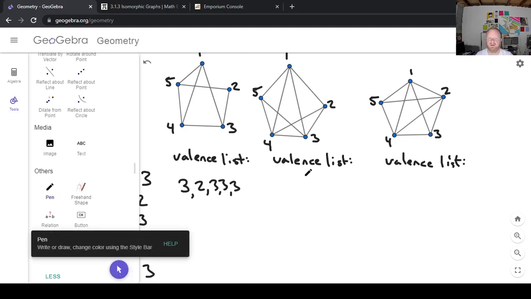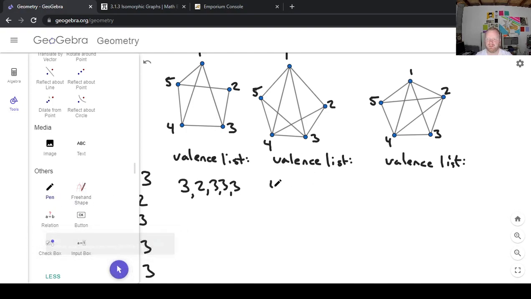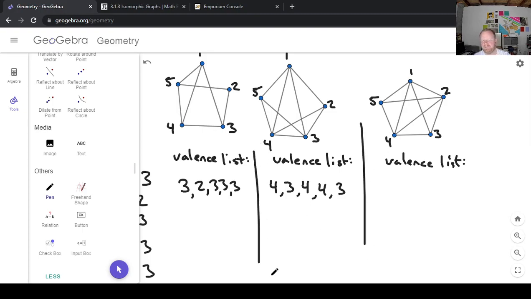This next one, valence for the first one is 4, 2 has 3, 3 has a valence of 4, 4 has a valence of 4, 5 has a valence of 3. And then valence list on this one, we've got 4, 2 has 4, 3 has 3, 4 has 4, and 5 has 3.